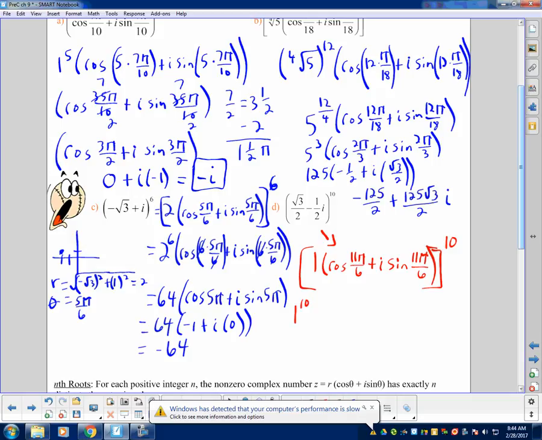And then I have cosine of 10 times 11 pi over 6 plus i sine of 10 times 11 pi over 6. So I'm multiplying the 10 by each of the angles and taking r to the 10th. So 1 to the 10th is just 1.